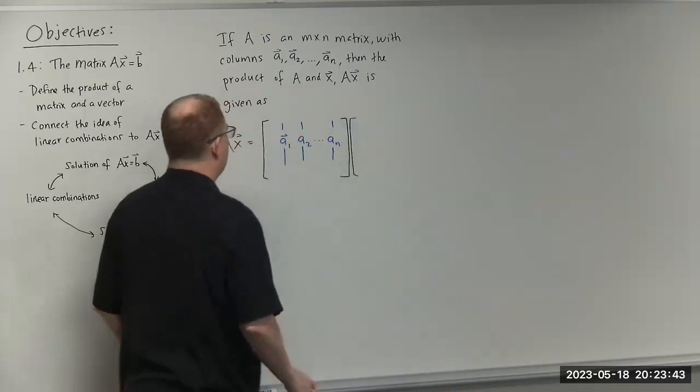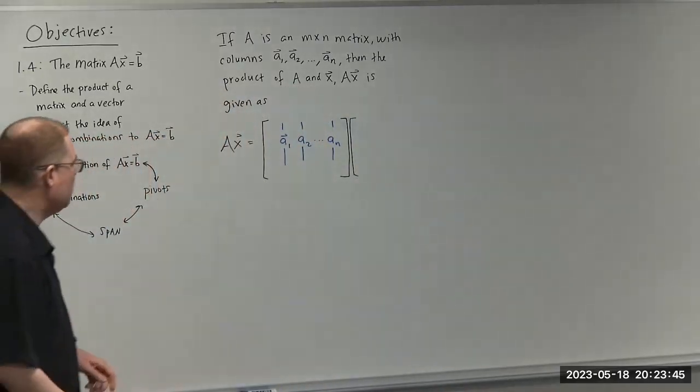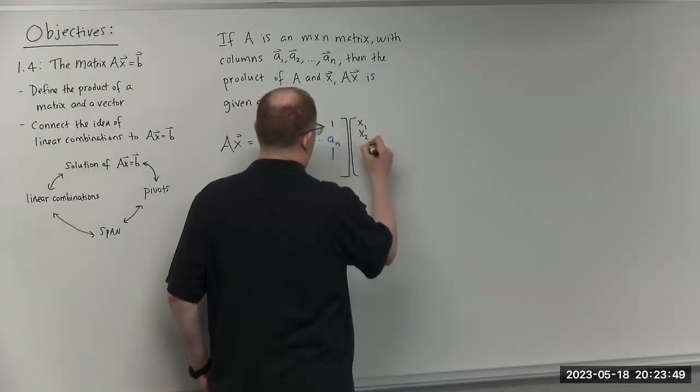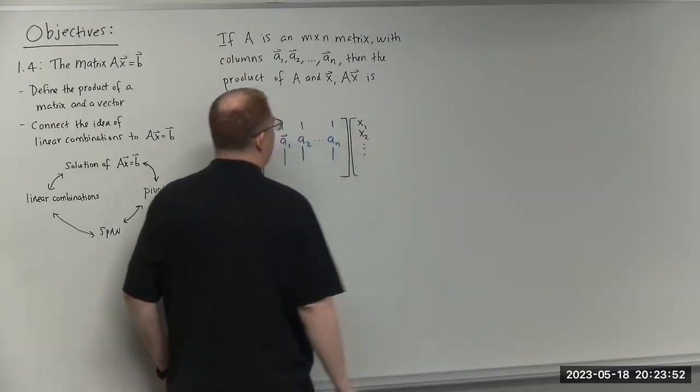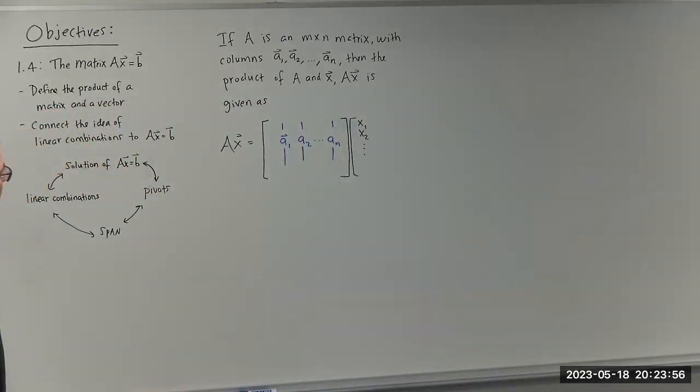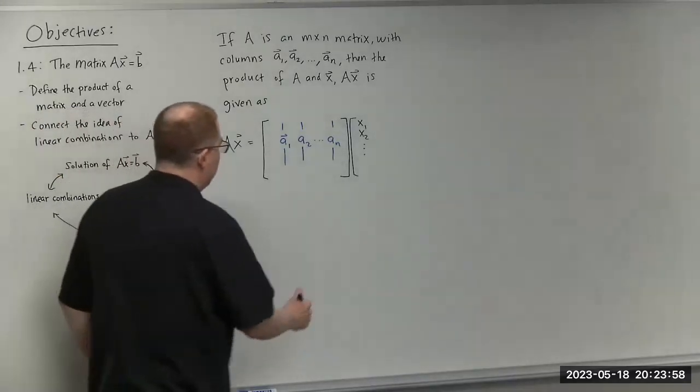Our vector X, we're going to assume that the entries are going to be X1, X2, and so on. Okay, now the number of entries in the vector is going to be the same as the number of columns.